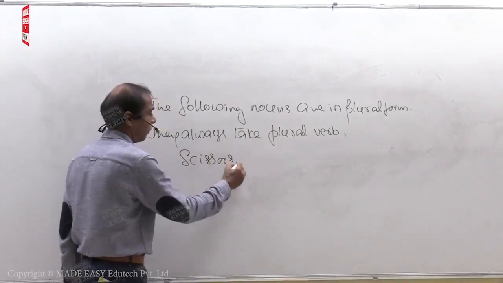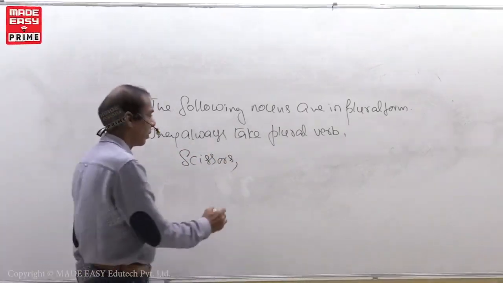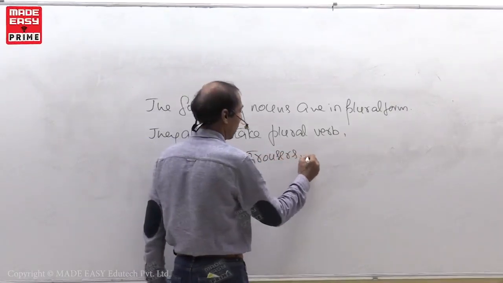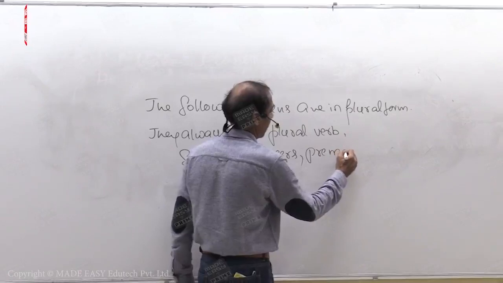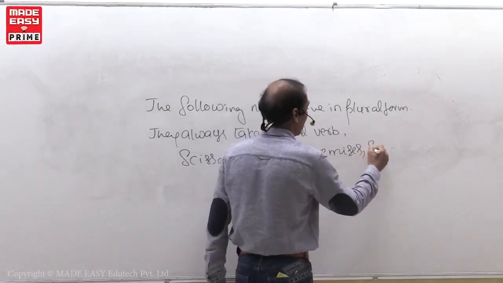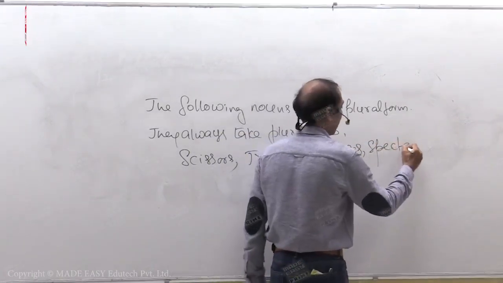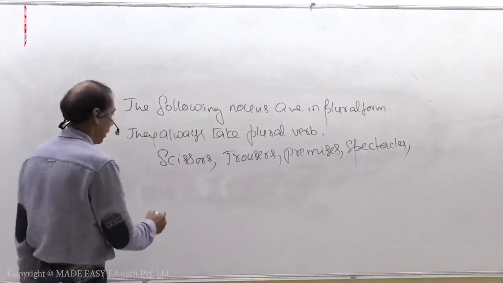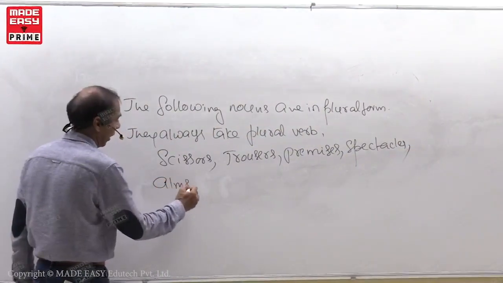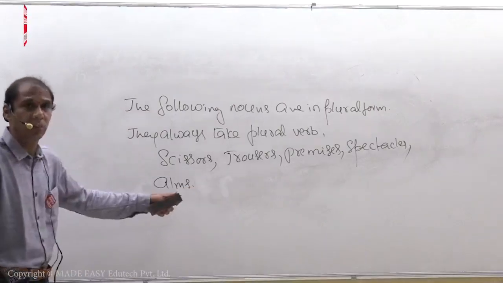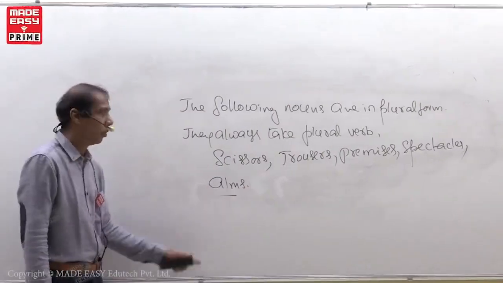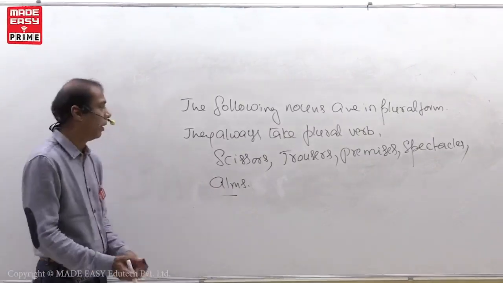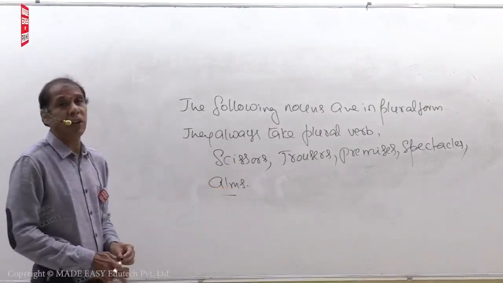Scissors, trousers, premises, spectacles, alms. Alms means charities, donations, right? What is the meaning of alms? Charities, donations. Okay. See, these nouns always take plural verb.